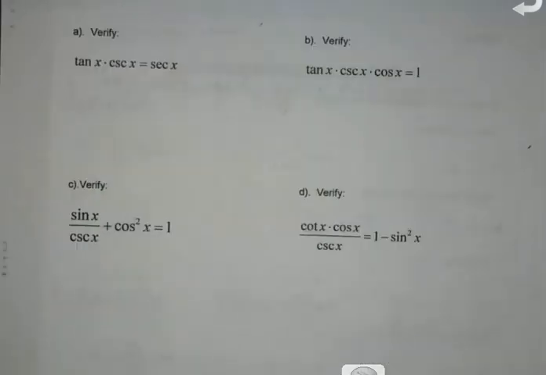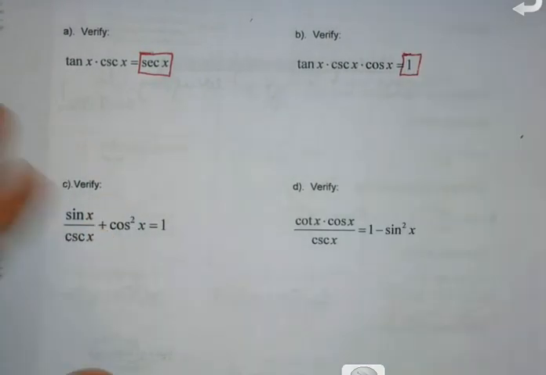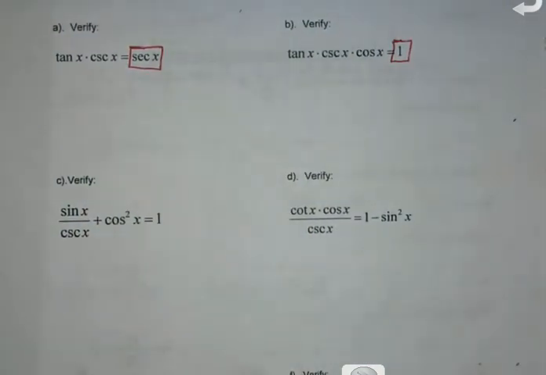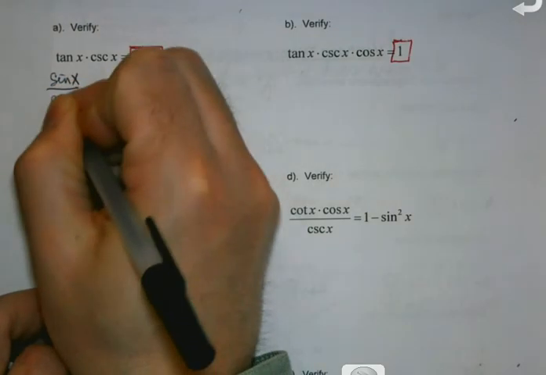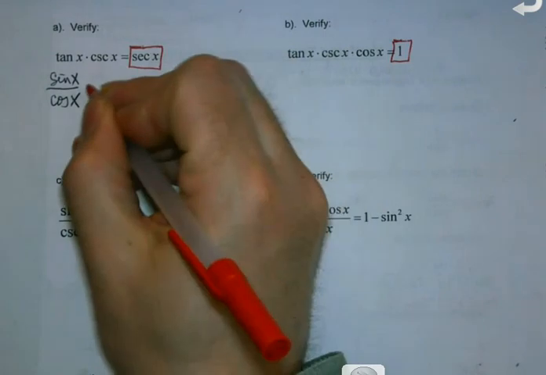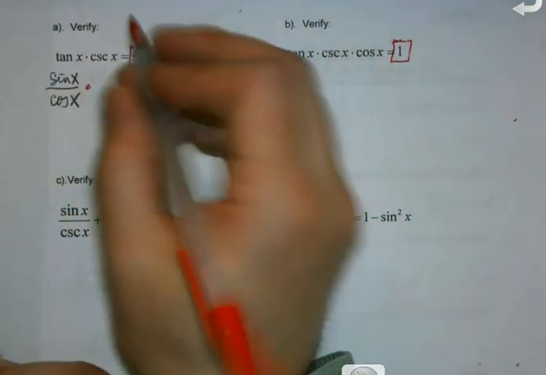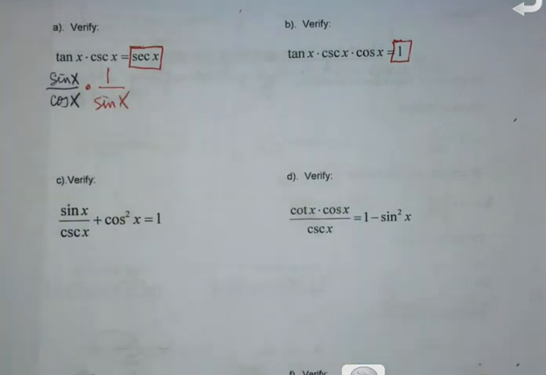Okay. Verify. Now, I cannot, under any circumstances, touch the right side of the equation. I cannot touch that secant. So I look at the left side and I go, okay, well, what can I turn tangent into? Sine over cosine. And cosecant is 1 over sine. And just keep looking and flipping as you go. Let it sink in a little bit here.